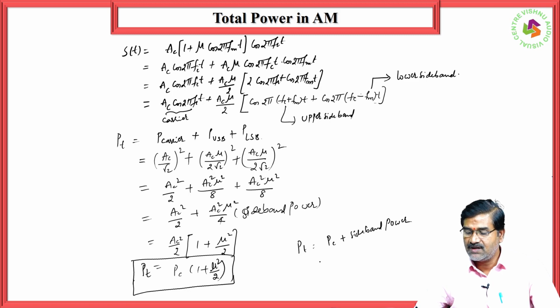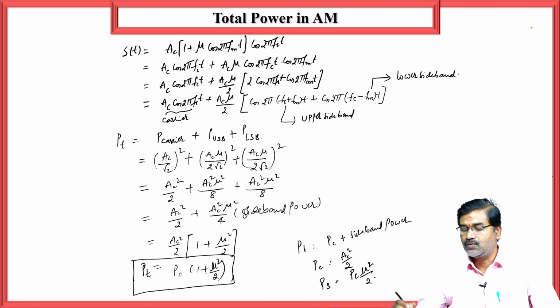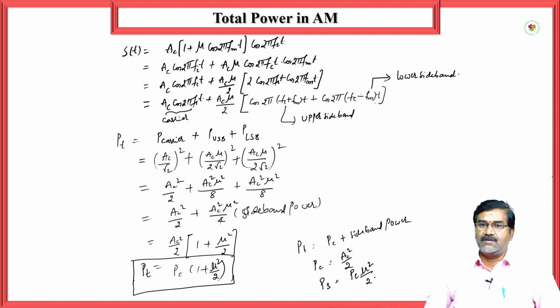The carrier power Pc is equal to Ac square by 2, and the Ps is equal to Pc into mu square by 2. That is the sideband power of the signal. Okay, so this is the time domain equation and the description, as well as how to derive the power of the AM signal.